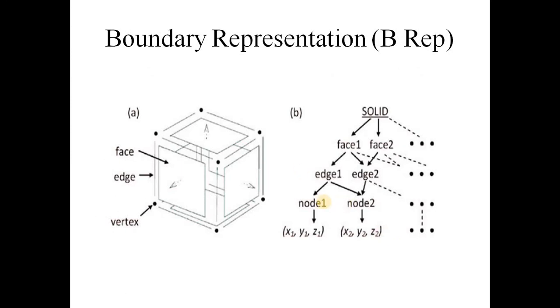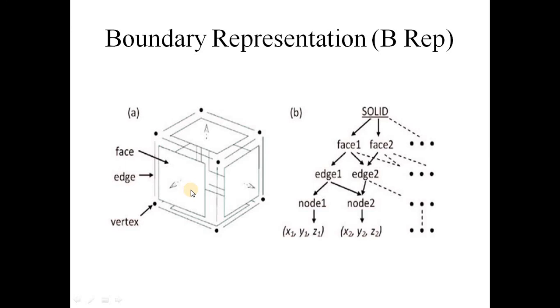Now I'll take one example of a cuboid and try to explain what is the topological data and what is the geometric information. In this cuboid, this is a solid, so the object is a cuboid. Now how many faces are there?